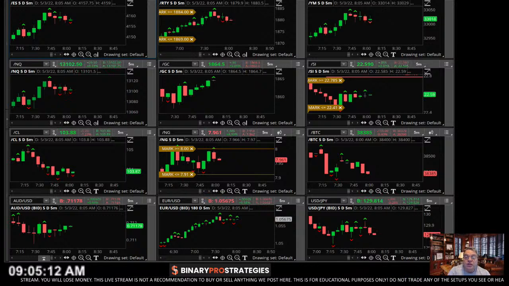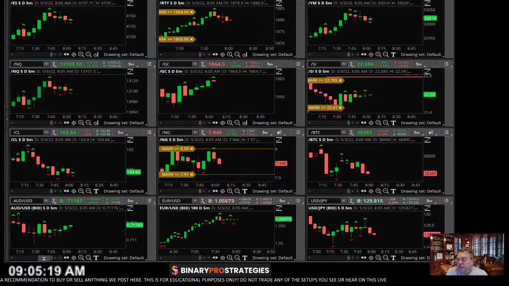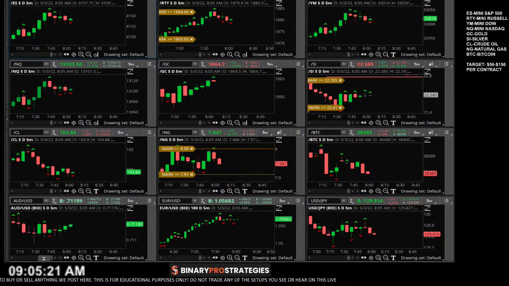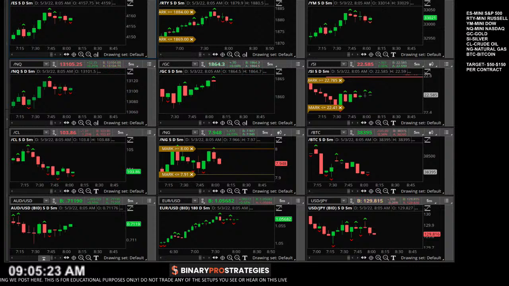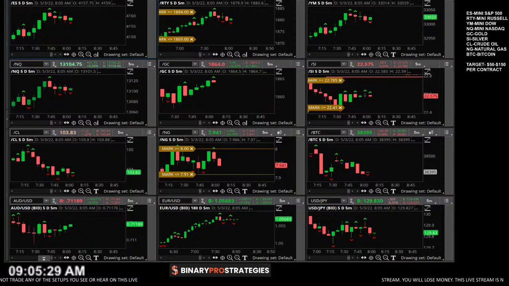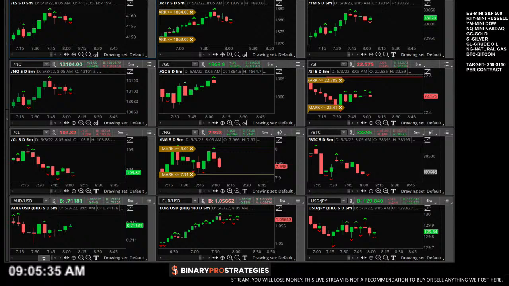Okay, so for those not familiar with some of the symbols here, let's just go through some of them real quick. I'll go ahead and put them up here on the top right hand side of the screen. We're going to be watching the E-mini, which is your ES, that's your mini S&P. We'll be watching the mini Russell, which is also RTY. Going to be watching the mini Dow, which is YM.